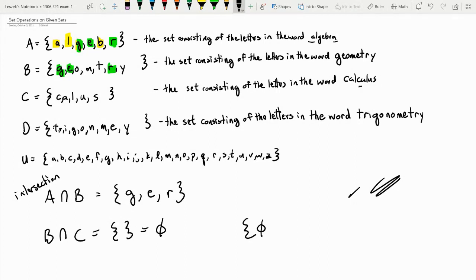Now, a quick aside: is this set empty? Not really. I know that's kind of cheesy, but this is a set that contains an empty set. It's like having an empty bag inside an empty bag.